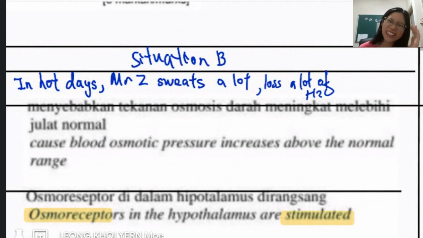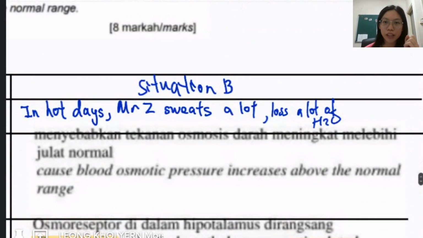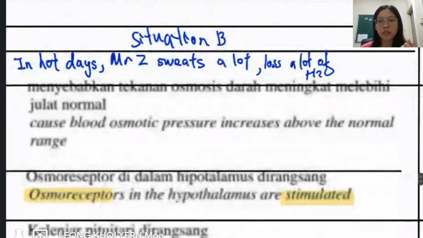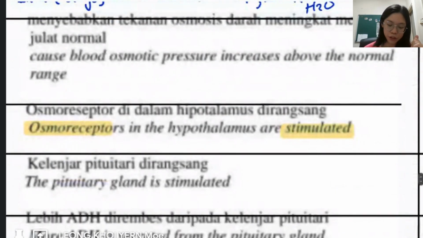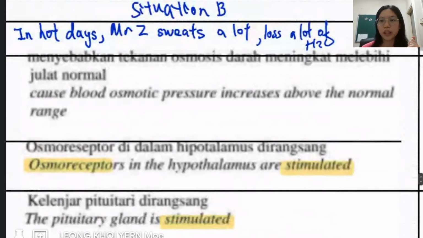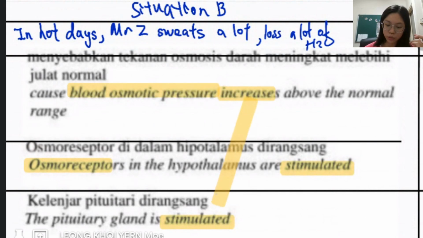If at this point you can't remember too many receptors, it's okay, because this one is maybe 8 marks. You can just straight away mention what happens to your pituitary gland. The pituitary gland is more stimulated, because blood osmotic pressure increased, which leads to the stimulation.